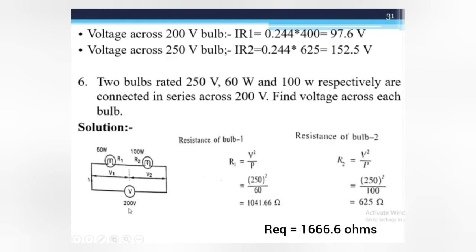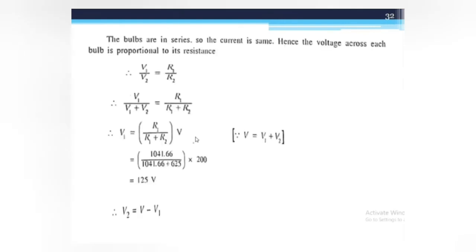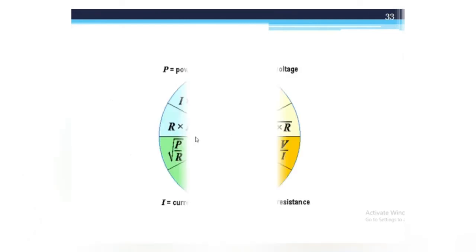Again use the same equation, V equal to IR, so you can get the value of current. The voltage across each bulb is V equal to IR1 and V equal to IR2 respectively. So by putting the values, we get 125 volt across bulb 1 and 75 volt across bulb 2.